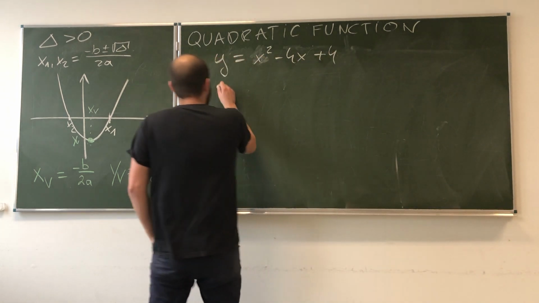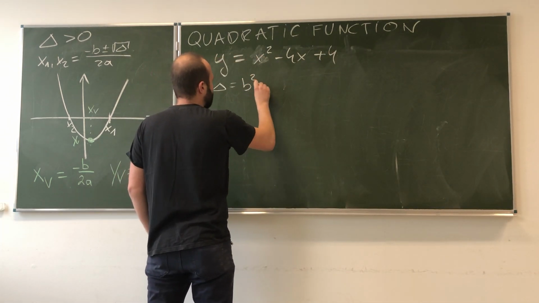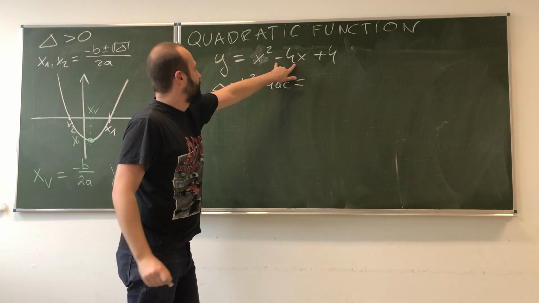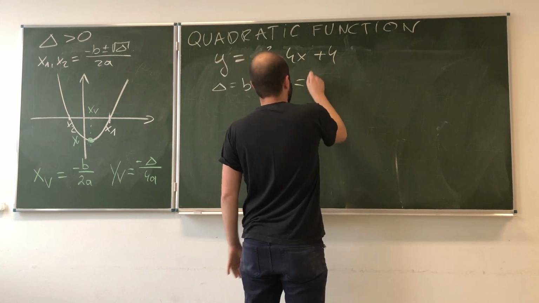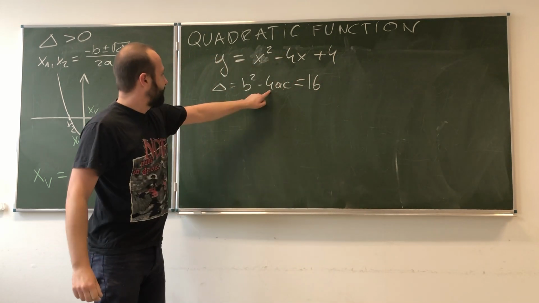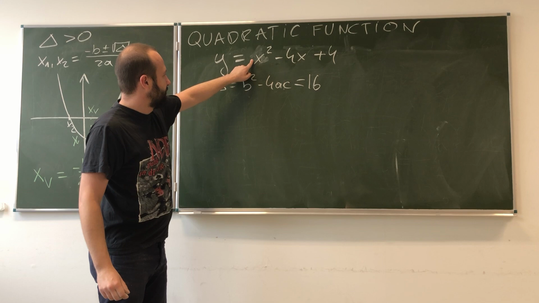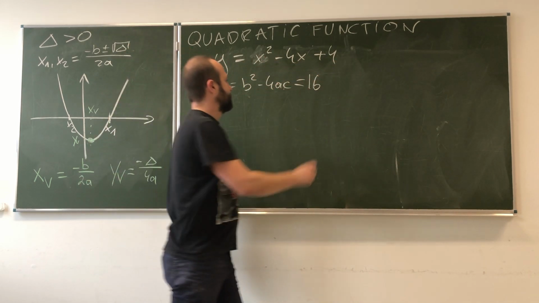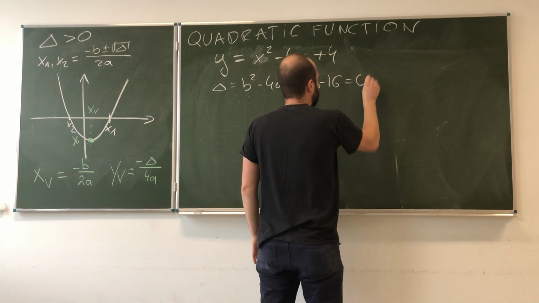So, delta, which is b squared minus 4ac, is, our b is negative 4, squared is 16. Then we've got minus 4 times 1 times 4, which is 16, it gives 0.